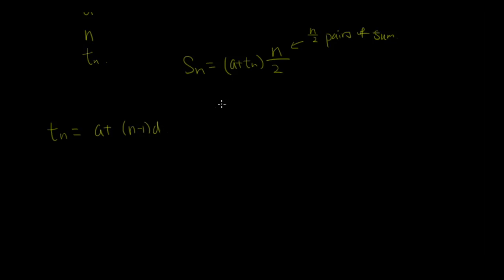So here we would get a plus n minus 1 times d, times n divided by 2. And this would give us 2a plus nd minus d, times n divided by 2.